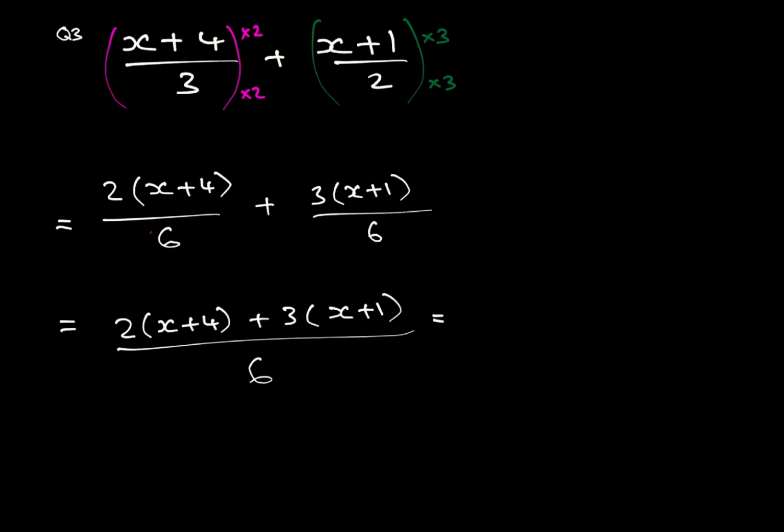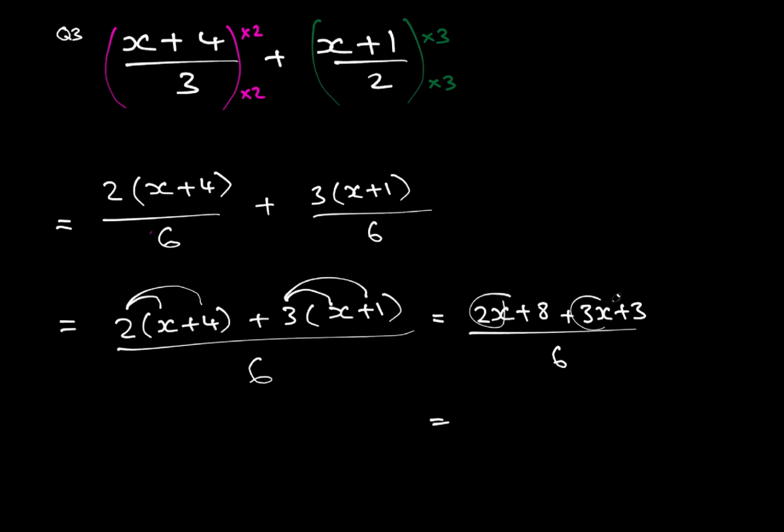The numerator can be expanded, so if I do 2 times x, 2 times 4, becomes 2x plus 8, and then I'm going to add 3 times x, 3 times 1, so plus 3x plus 3, all over 6, 2x plus 8 plus 3x plus 3. I'm just going to gather the like terms. 2x plus 3x is 5x, 8 plus 3 is 11, all over 6.